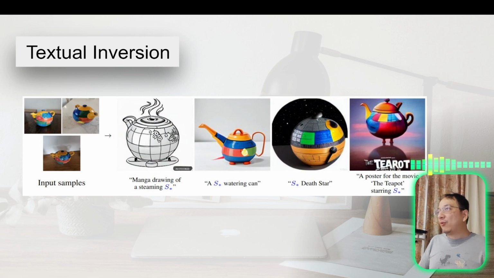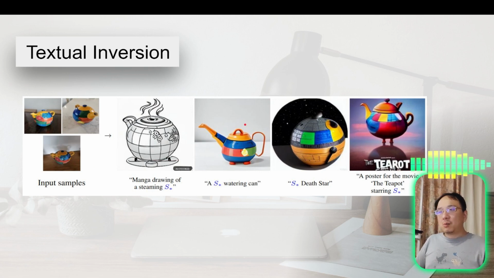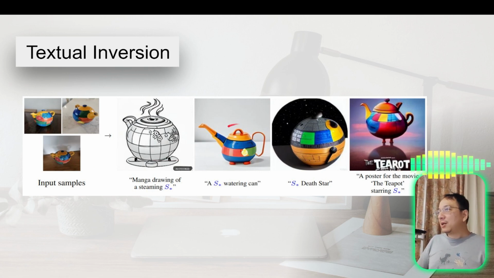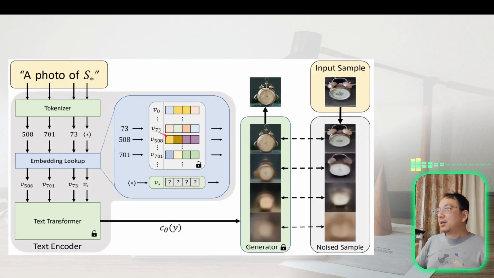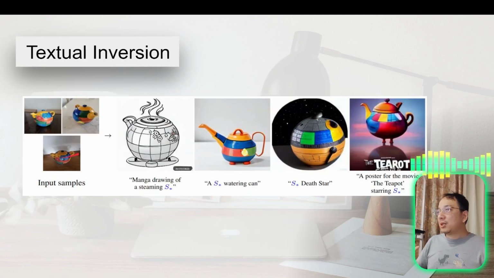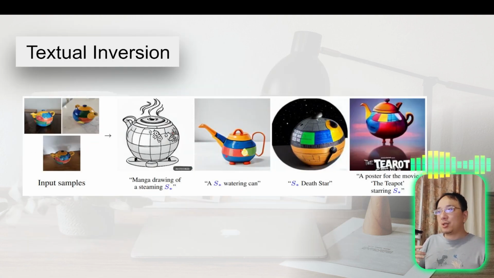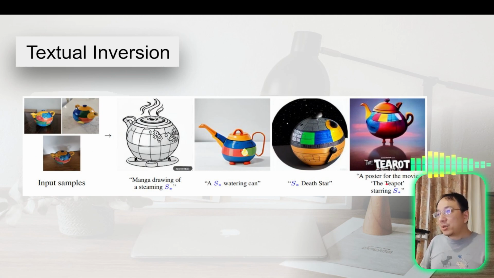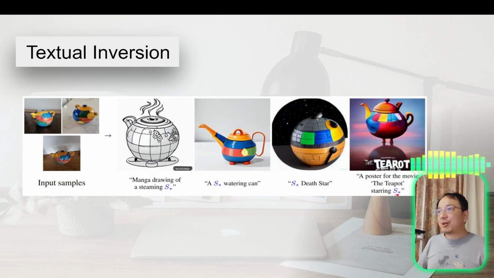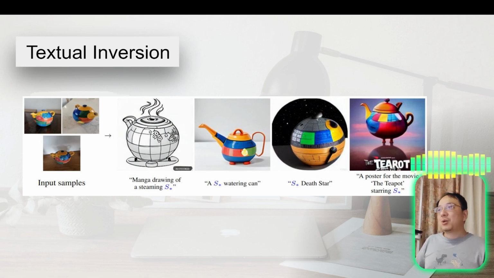So instead of producing a teapot, it produces a watering can. But you can see the similarity between the samples and these generated images, and like "S star, Death Star", and "a poster of the movie, the teapot starring S star". You can get the idea.